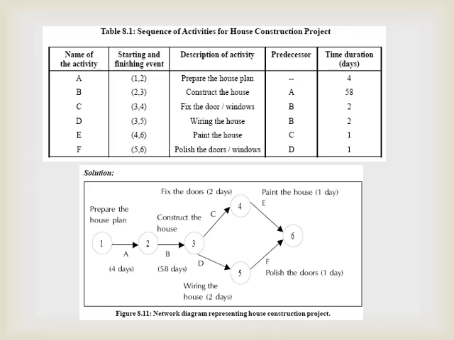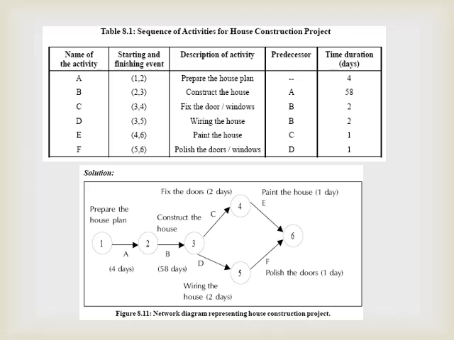Column 1 lists the activities: A, B, C, D, E, F. Column 2 is about the starting and finishing event for each activity.